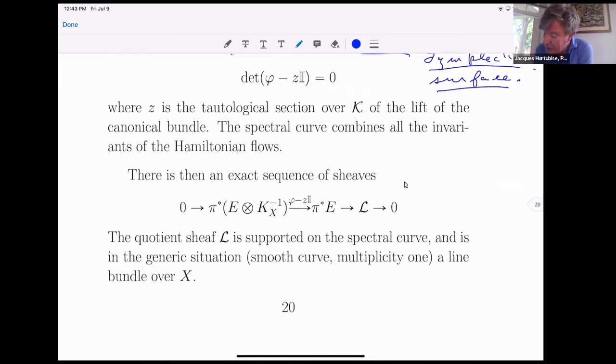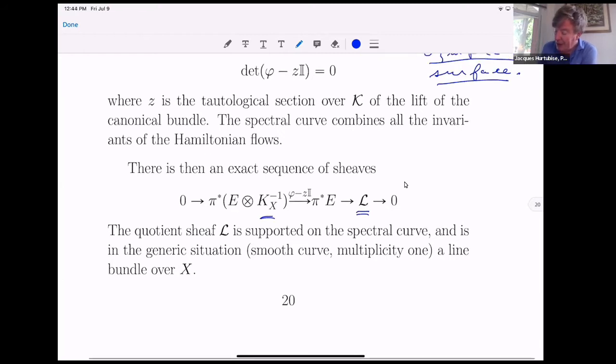So you get a map from E, put in a twist because you have to, essentially from the lift of E to itself. And where is this not an isomorphism? Well, it's where you're at the spectral curve, where you're at an eigenvalue. And so you get a sheaf here that's supported over the spectral curve.